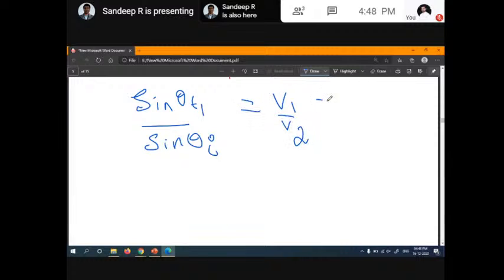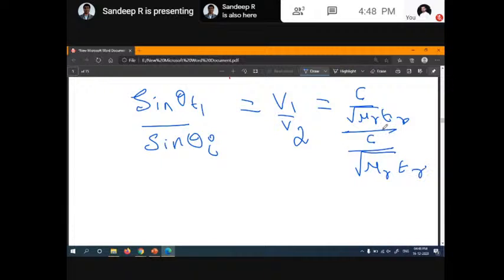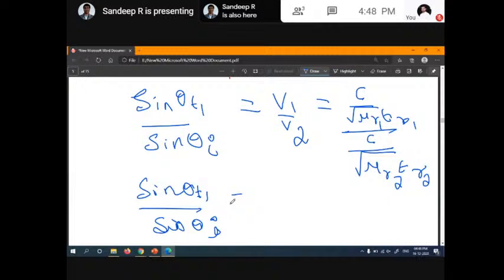So I can write velocity as c divided by root of mu r into epsilon r. Similarly, c divided by root of mu r into epsilon r. Here it is mu r1 epsilon r1. Here it is mu r2 epsilon r2. So sine theta T1 divided by sine theta I is equal to V1 by V2.